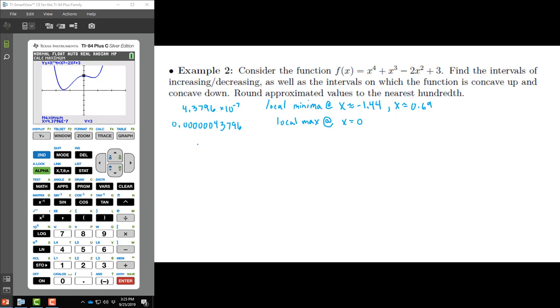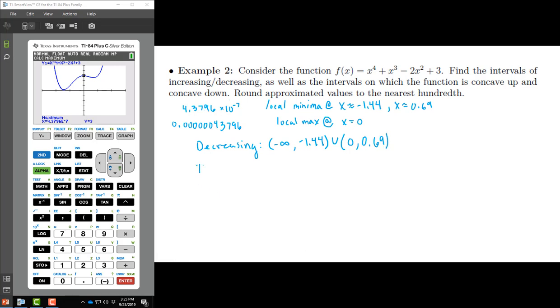So we can say that we are decreasing from negative infinity up to negative 1.44. And then we decrease again from the local max of 0 down to this local min, which is 0.69.